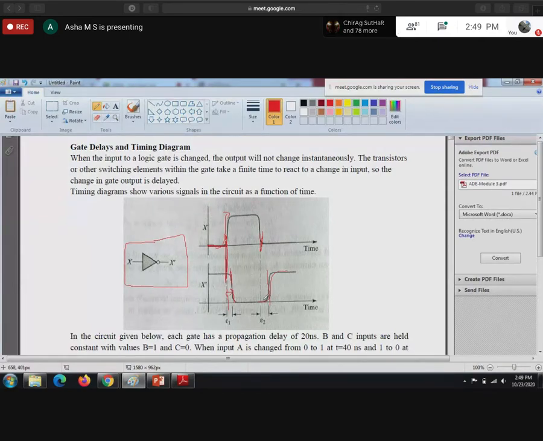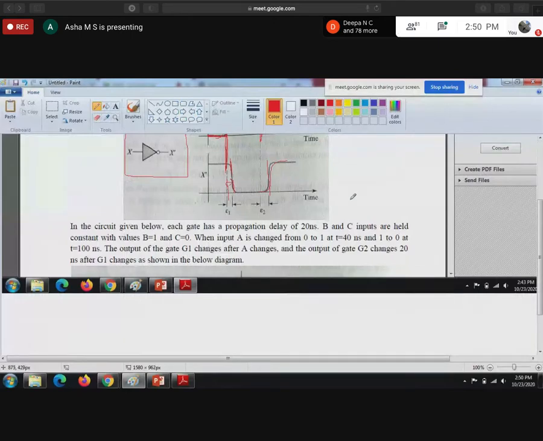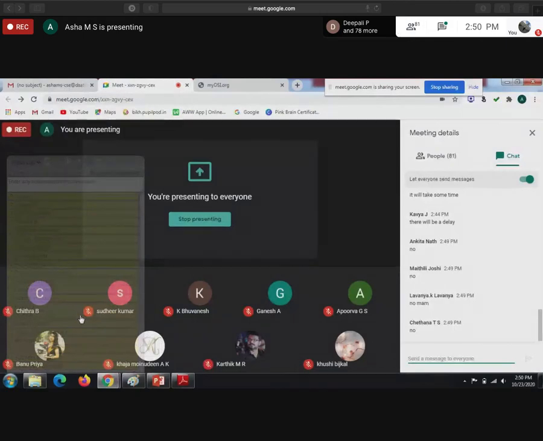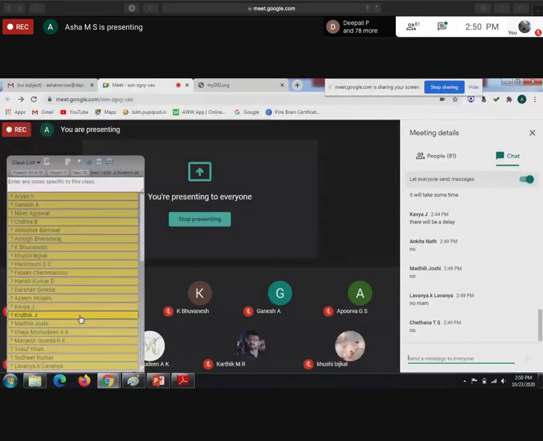So this propagation delay of the integrated circuit may be short, in terms of nanoseconds. So in many cases we are going to neglect it. Are you clear with this?